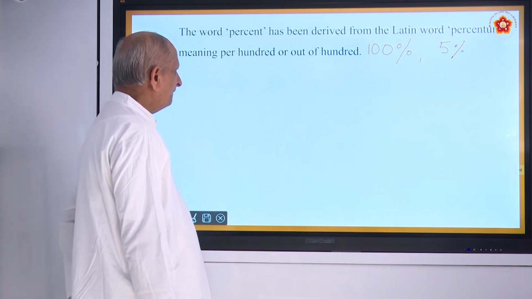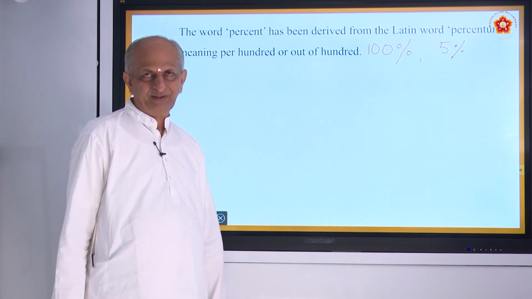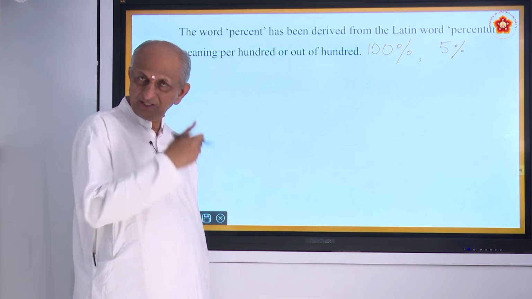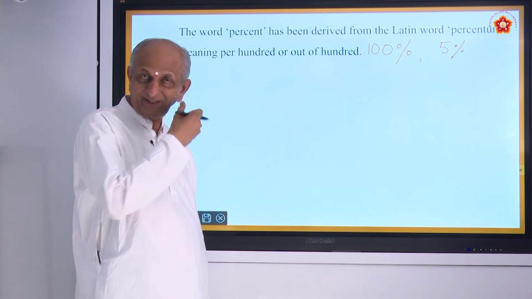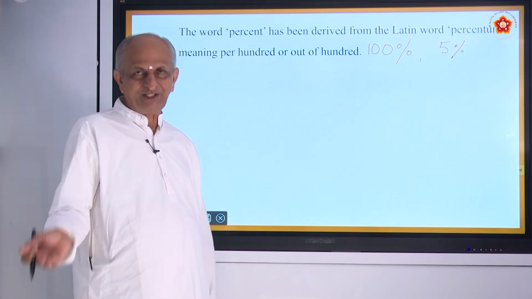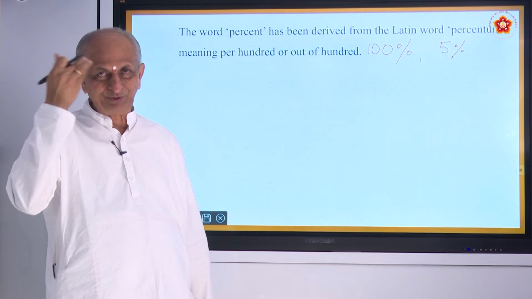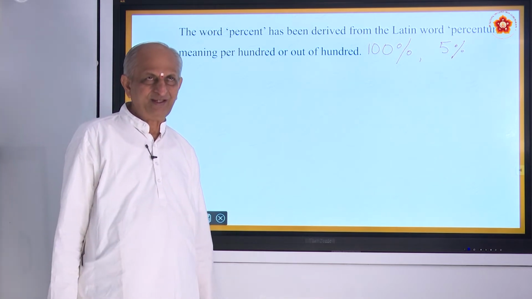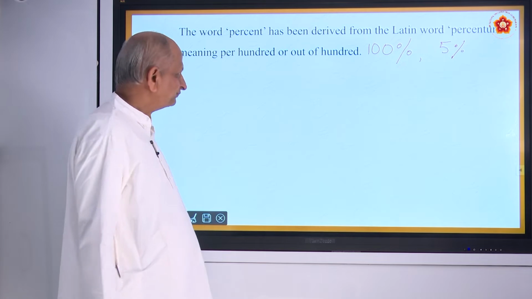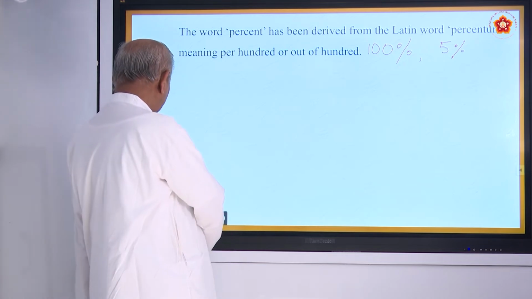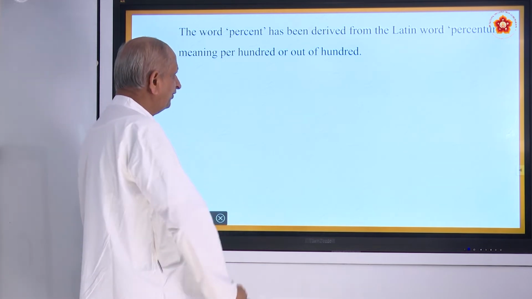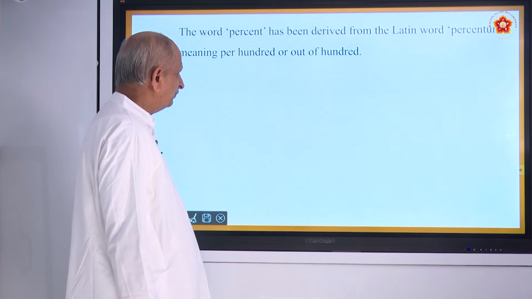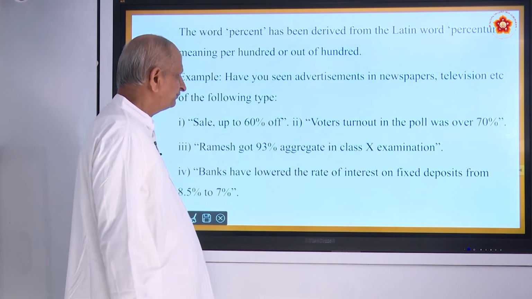Then this word percentum, centum is a Latin word actually. Centum, cent means 100. Of course, girls will say scent means something you put on your face. That scent is different. That is a perfume. So, this percentage is derived from the Latin word called percentum.